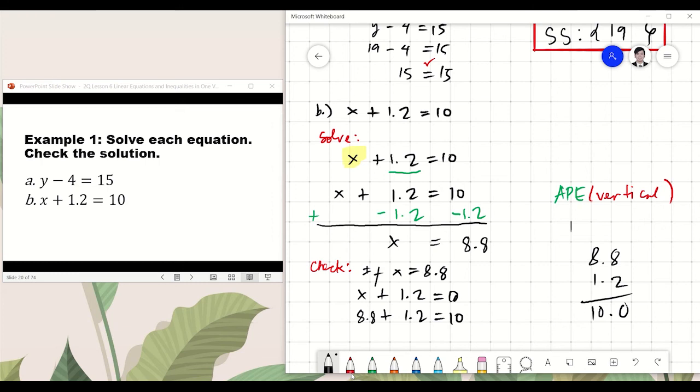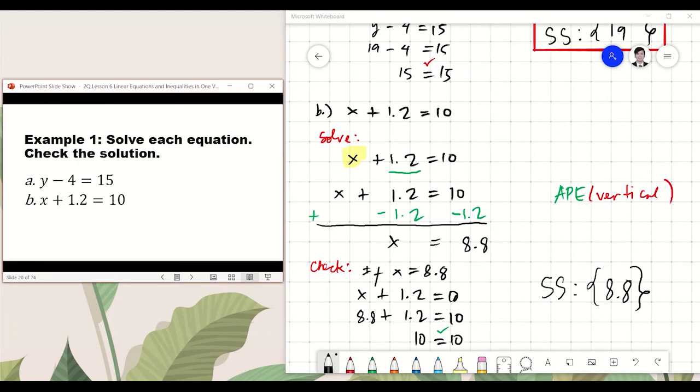So magiging 10 din siya, which is now true. So, ibig sabihin nito, tama yung nakuha nating value ng x. And 8.8 is a solution of our equation x plus 1.2 is equal to 10. So, let's have C.